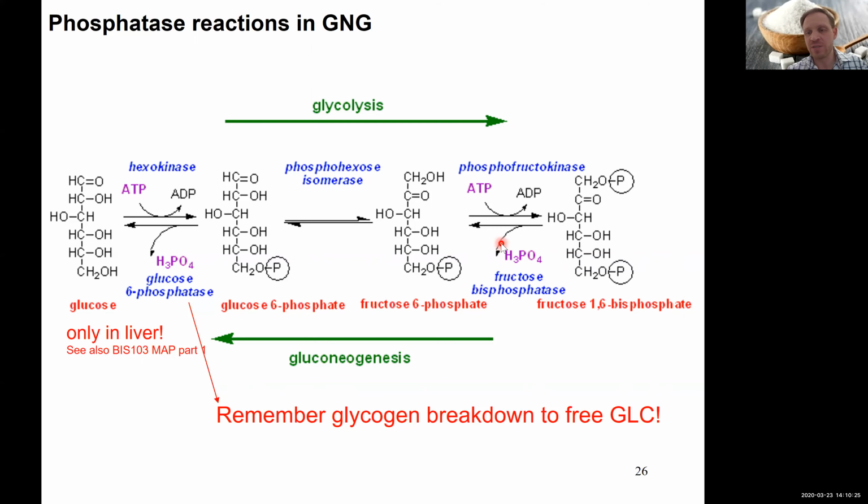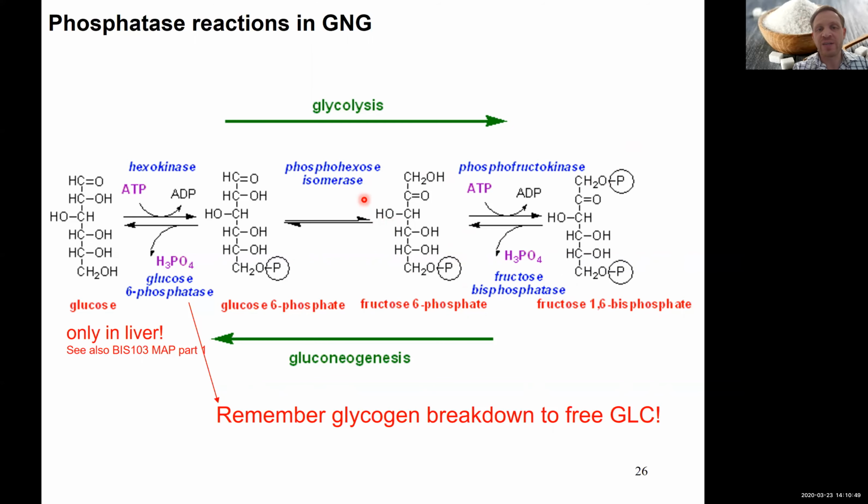What it's doing is it's using water to break the bond between the oxygen and the phosphate here. We're releasing the phosphoryl group, dephosphorylating the molecule from fructose 1,6 bisphosphate back to fructose 6-phosphate. So we have overcome this irreversible kinase reaction by using a different enzyme, the phosphatase.